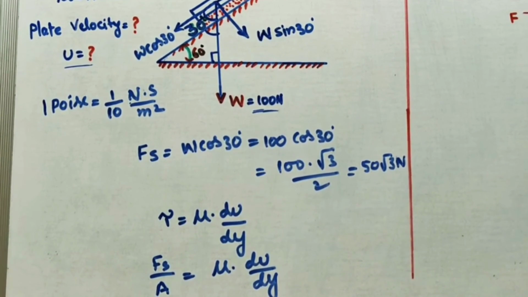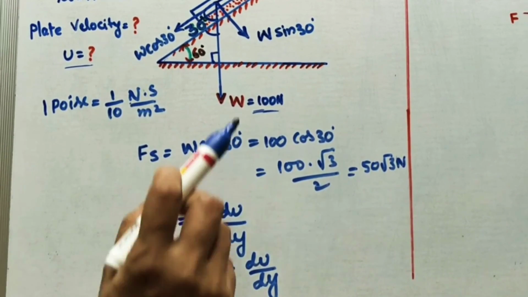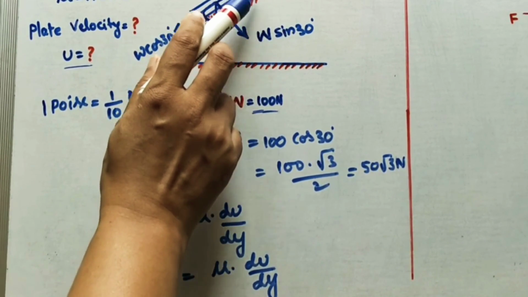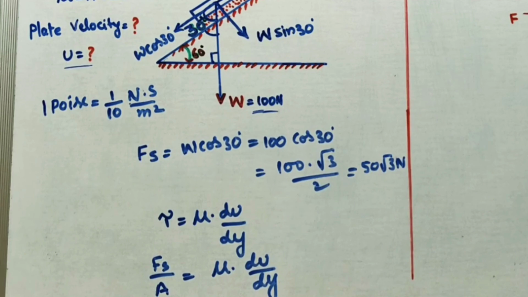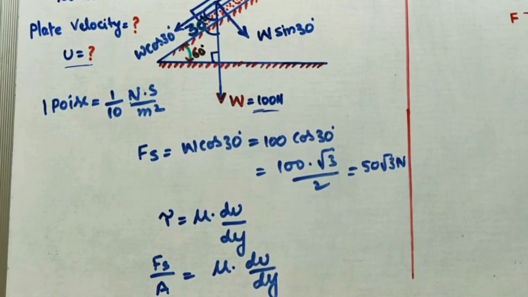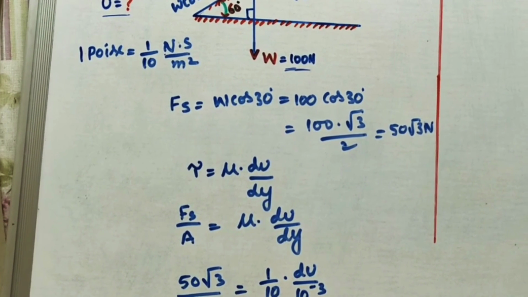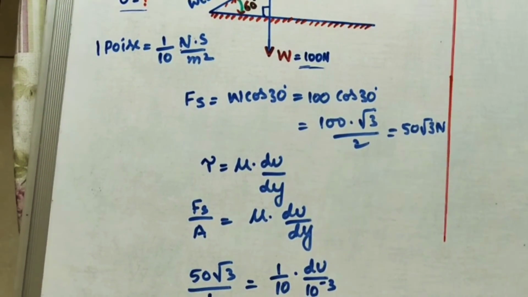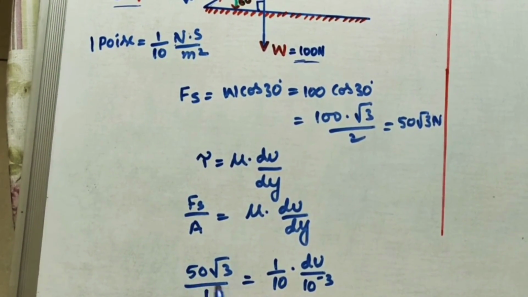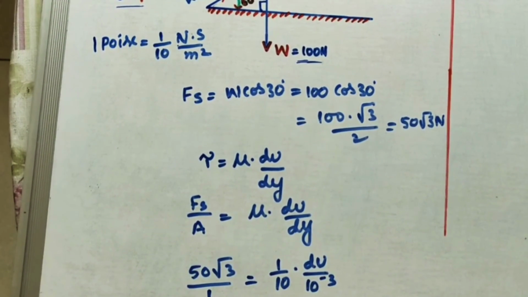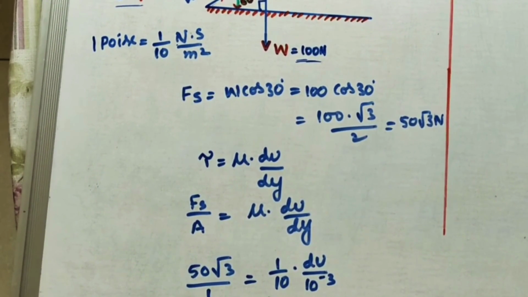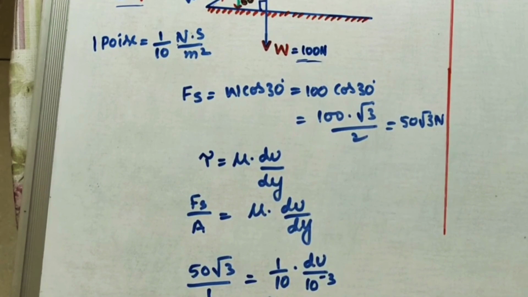Du we need to find. What is the dy value? The film thickness is 1 mm. I am taking it in meters, 10 power minus 3. Okay, so in it, find out du or u. You will get du is equal to 50 into root 3 into 10 into 10 power minus 3.